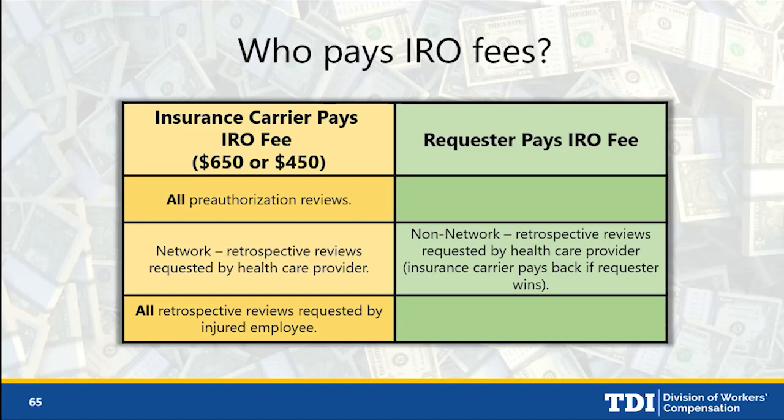You're just going to have to invest all of that time filling out the form and asking for the IRO. That's it. Also, the carrier will pay on the network side for retrospective reviews. So let's say it's an independent review organization request for an office visit. If the provider is in network and they get denied retrospectively, then the insurance carrier is going to pay that IRO fee for the review.